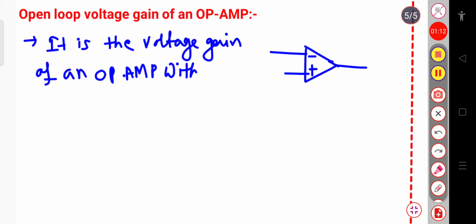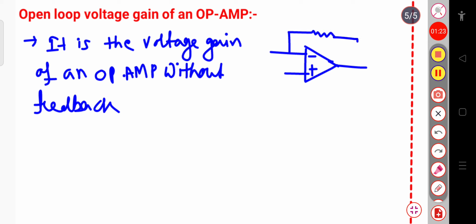That is, when no feedback is given to this operational amplifier, we can take the voltage gain. Feedback means we have to connect this inverting terminal with the output voltage, and that is called the feedback. Here no feedback circuit is present, so it is the voltage gain of an op amp without feedback.